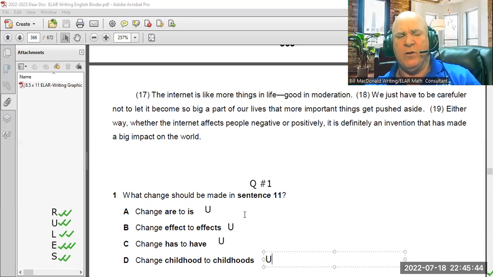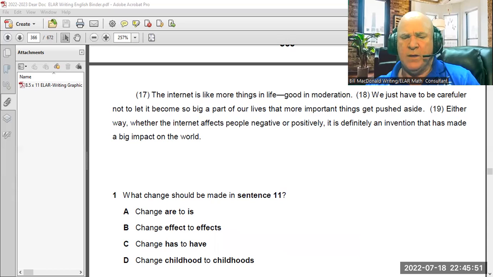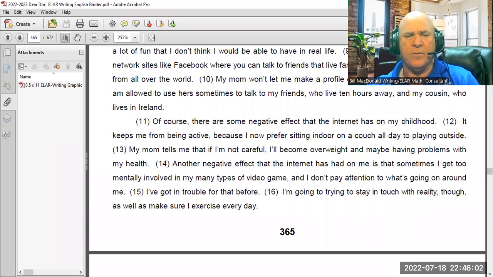So now that we've done that, I'll clear the drawings from here so that it won't make what we're looking at on page 365, where sentence 11 is. I believe there it is. So what do I recommend that you do?